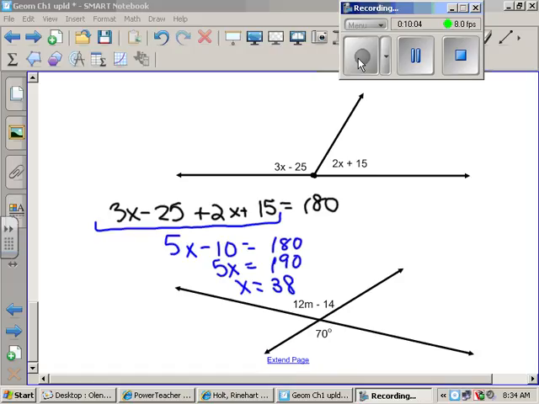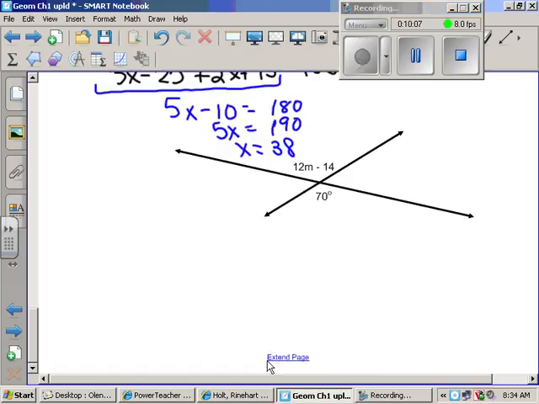How about the next set? How can I set up an equation to solve for that one? What kind of angles are these? Vertical. They are equal to each other. So I can set up 12m minus 14 equals 70. Then I add 14 to both sides, and that gives me 12m equals 84.